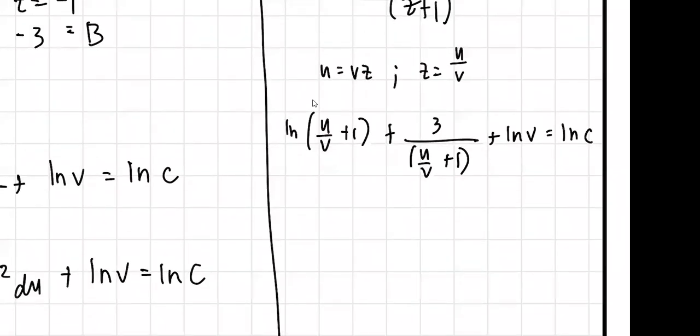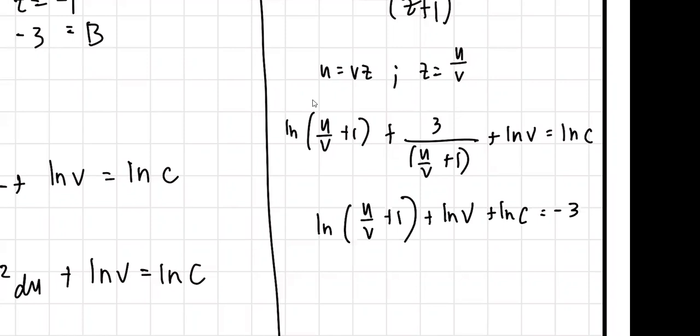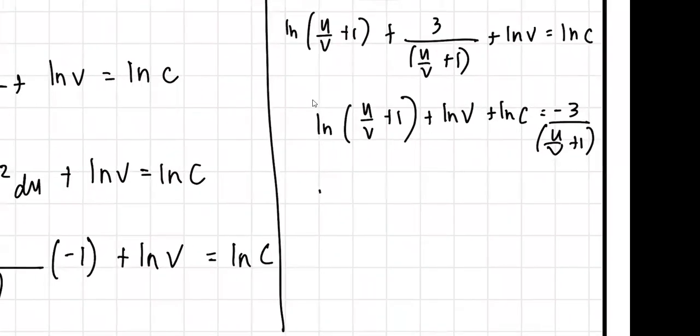Pag sama-samahin natin yung lahat ng naka-ln sa isang side, then lahat ng yung isang term sa right side. So magiging ln u over v plus 1 plus ln v. Then si ln c pag transpose is the same, ln c pa din siya. So -3 over u over v plus 1. Then simplify natin, magiging ln.